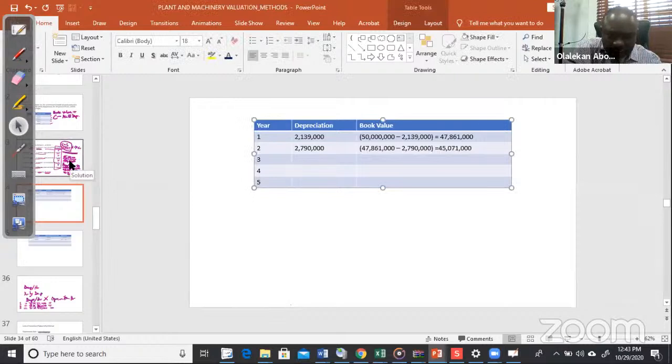Year 3 is 4,185,000. Now remove that from your book value here; you are not adding anything. Thank you that you raised that question.